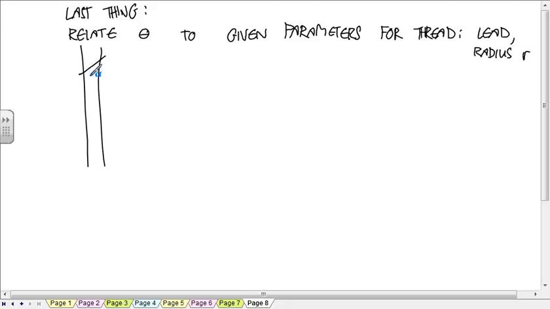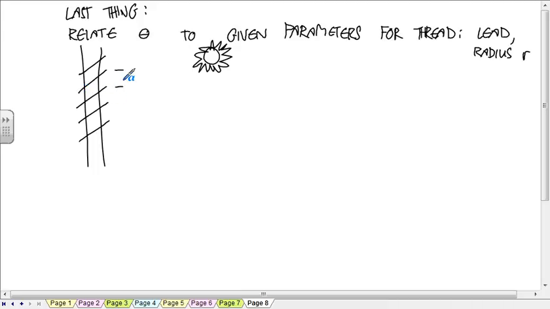So the lead is the vertical distance. Okay, so say the sun is over here in this side of the hardware store. There was a tornado or something. And say you start on this thread and then follow the thread all the way around.